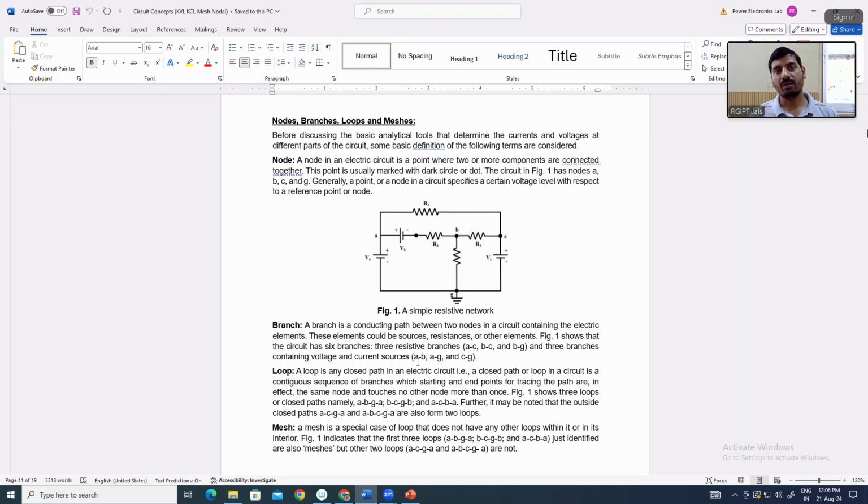Star delta conversion or delta star conversion means, if in the circuit we find that there is no possibility of series and parallel combination, means we cannot deduce the element values, equivalent resistance, equivalent inductance, or equivalent capacitance, or equivalent impedance.